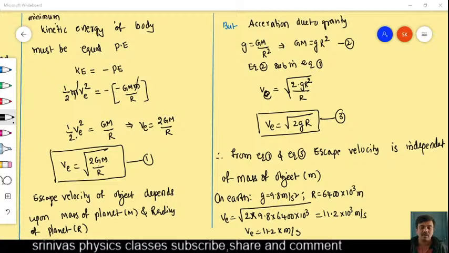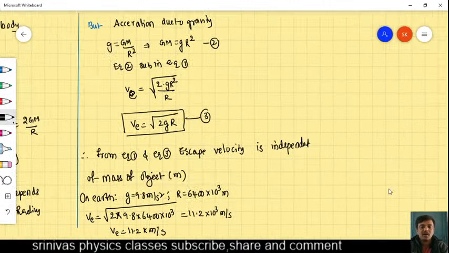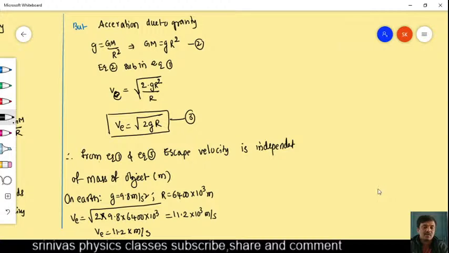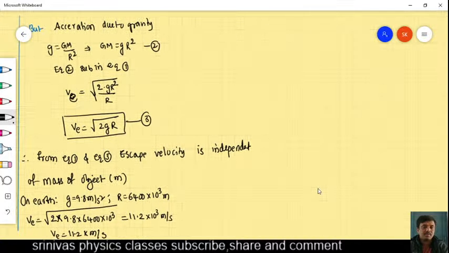What about the escape velocity on the moon? For example, if you are throwing an object on the moon, then what is the escape velocity? Let us see.